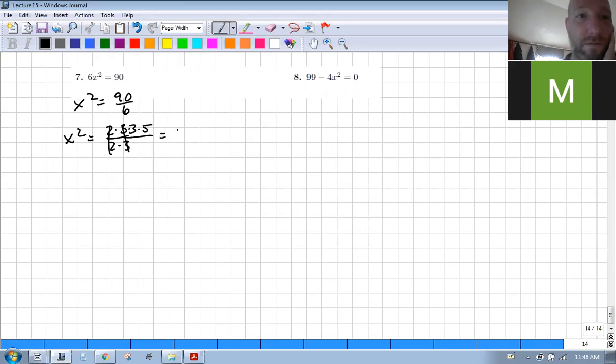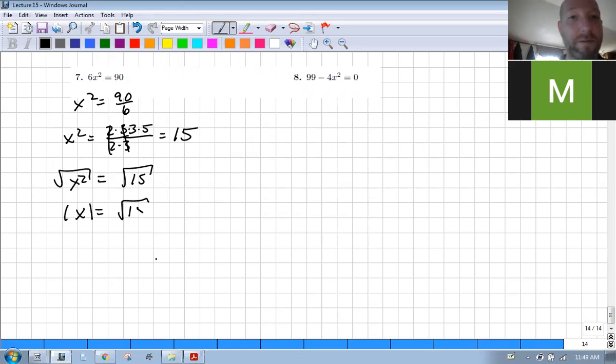So 3 times 5 is 15. So x squared equals 15. Square root both sides. Can't really do anything with a 15 because it's 3 times 5. So x is plus or minus square root of 15.